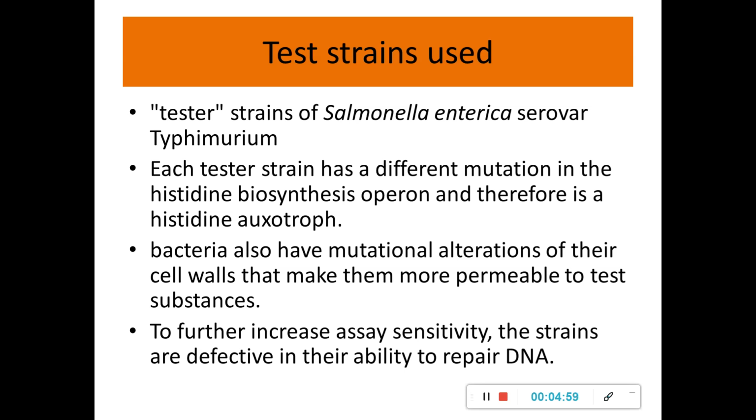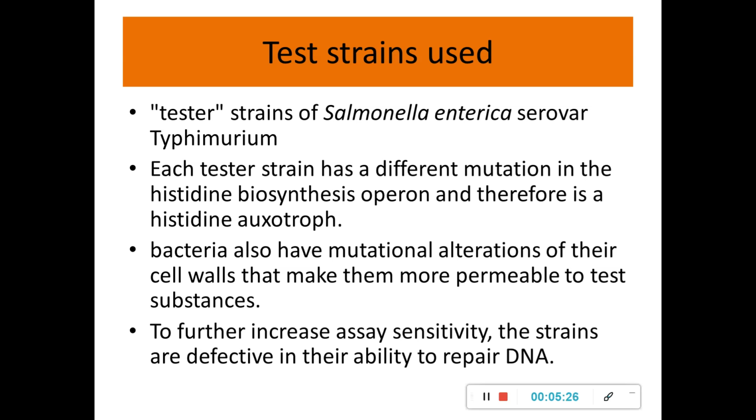And you can't take just any microbe that you like. There are certain microbes which are used specifically for the Ames test. The tester strain which we consider here is Salmonella enterica serovar typhimurium. Each tester strain has a different mutation in the histidine biosynthesis operon and therefore is a histidine auxotroph.